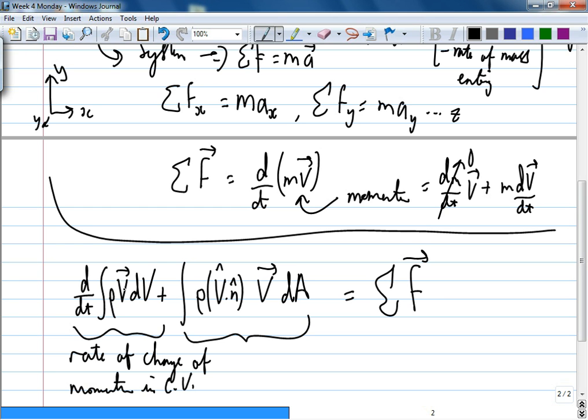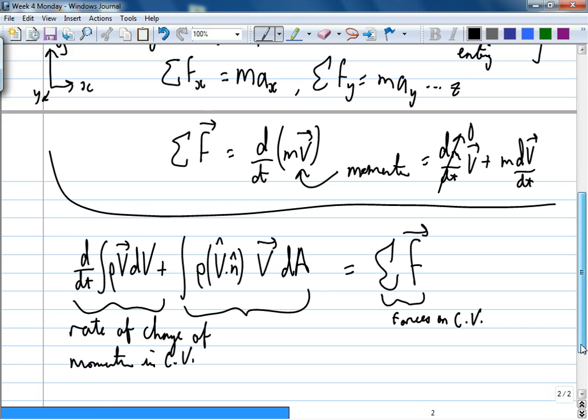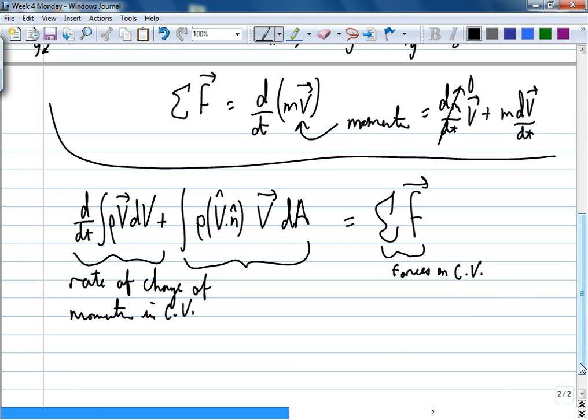Here rho dV is the mass, multiplied by velocity gives mV, and then the rate of change of that. Is that okay so far? This is the sum of forces on the control volume, normally external forces. So this one is the same.